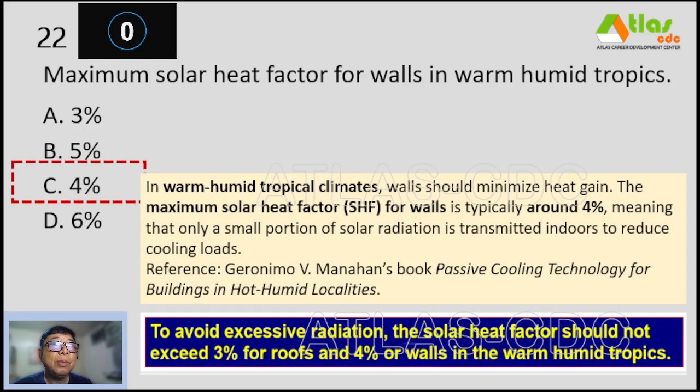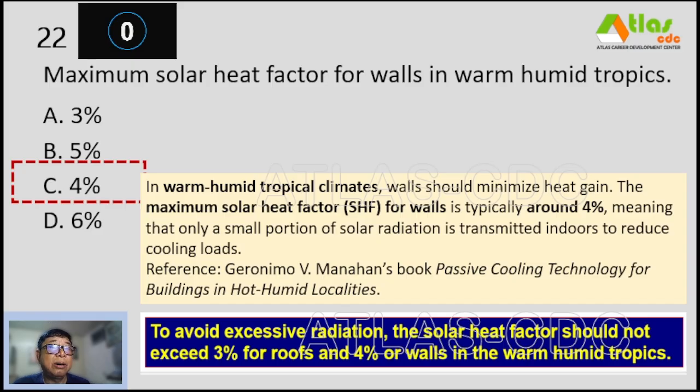So in warm, humid tropical climates, walls should minimize heat gain. The maximum solar heat factor, SHF, for walls is typically around 4%, meaning that only a small portion of solar radiation is transmitted indoors to reduce cooling loads.